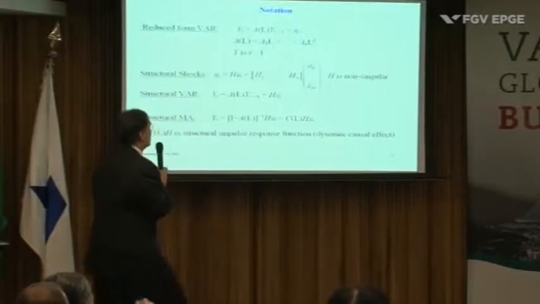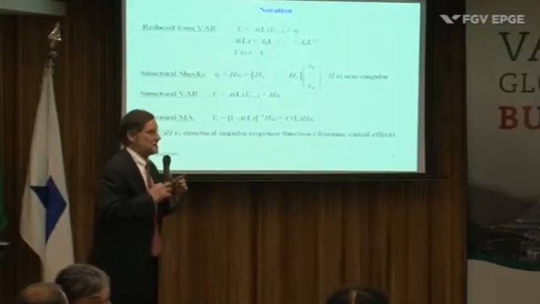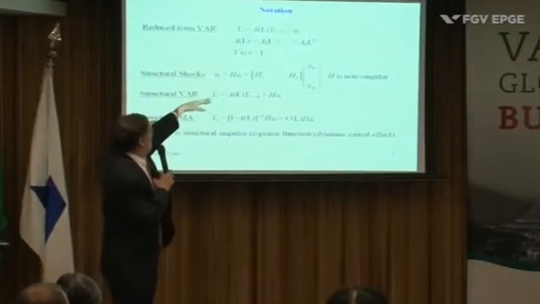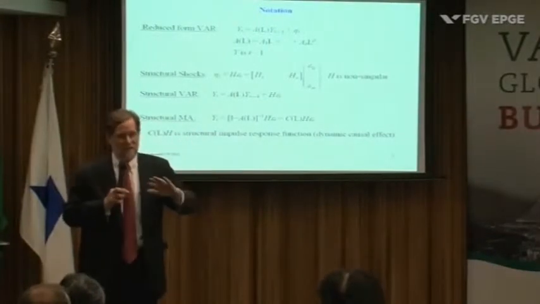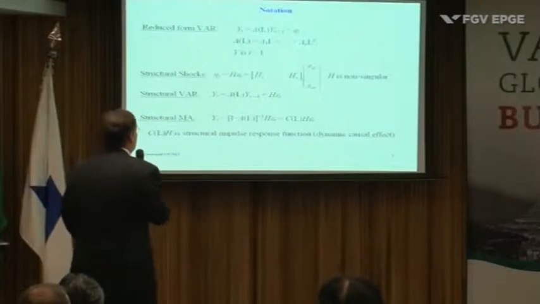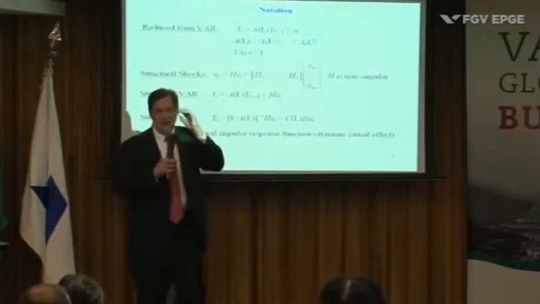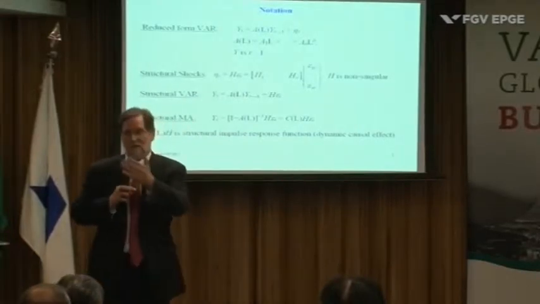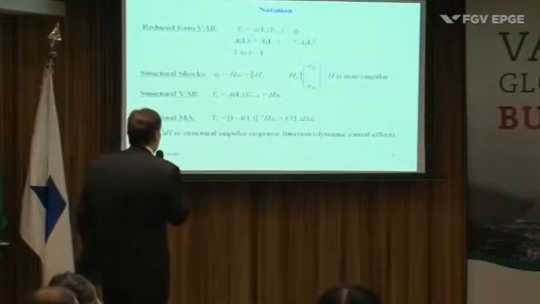I'm just going to go through the notation. So that first equation up there is just a reduced form vector autoregression. Y depends on lagged Ys, and these etas are one step ahead forecast errors. This VAR is pth order. The vector Y is going to be R by 1, so there are R elements in this vector autoregression. In Chris's example this morning, there were 6 or something like that.